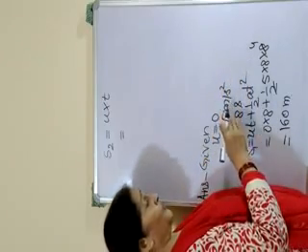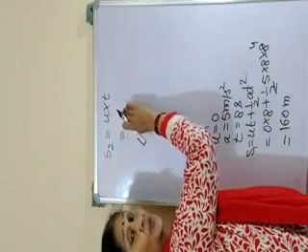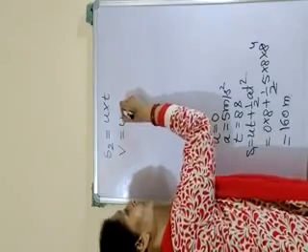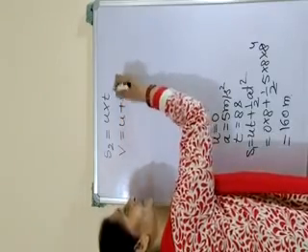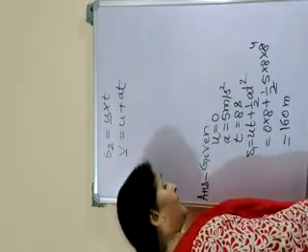So this v we have to find out with help of formula v is equal to u plus at. Better to write this u as a v.